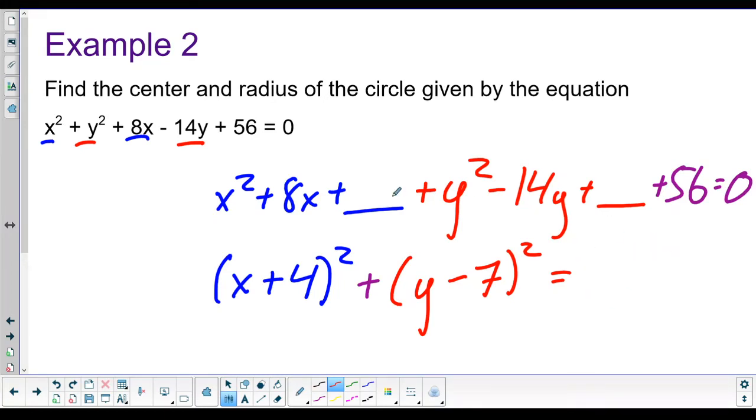To do that, we need to figure out these two numbers here and somehow pull them from somewhere. So to figure out this number here, it's this number in the binomial squared. So 4 squared is 16. And negative 7 squared is 49.